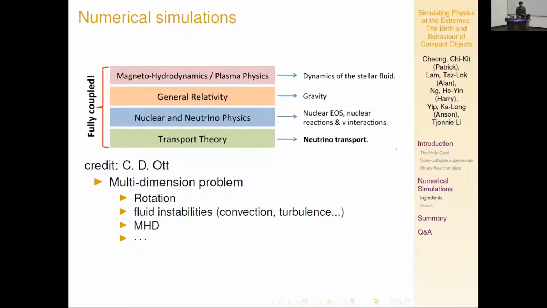So actually, we really need numerical simulations to investigate such a complicated system. However, if you write down all the required physics for such systems, you may need the four ingredients shown in this slide. We need to describe the hydrodynamics, the general relativity, some microphysics, and also the neutrino transport.